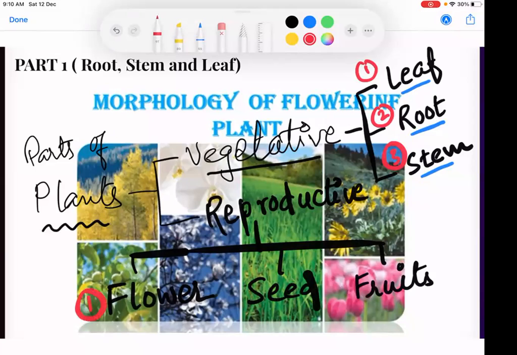That's why number one, flower, number two, seeds, and number three, fruits. These three parts are the reproductive parts of plants. I hope this hierarchy is very clear in your mind. Please give me confirmation by saying either yes or no.